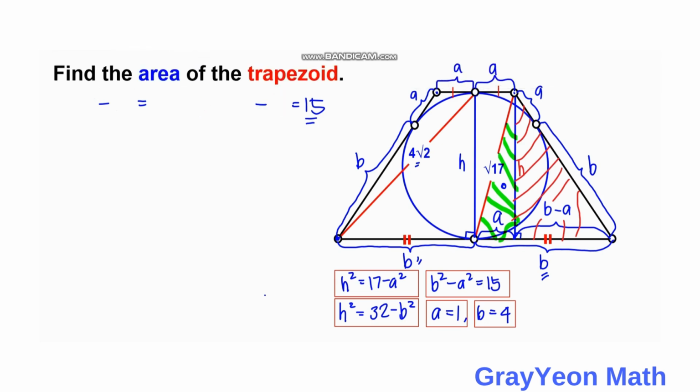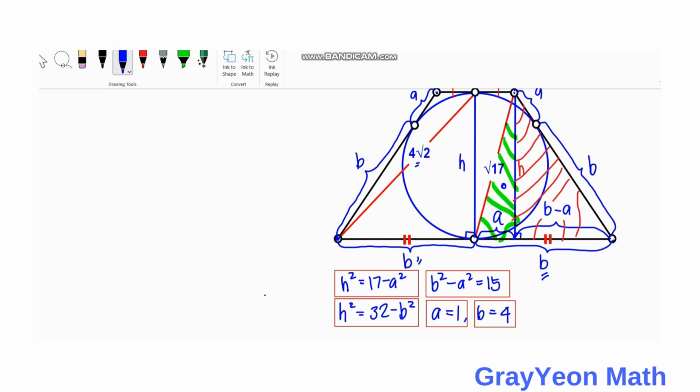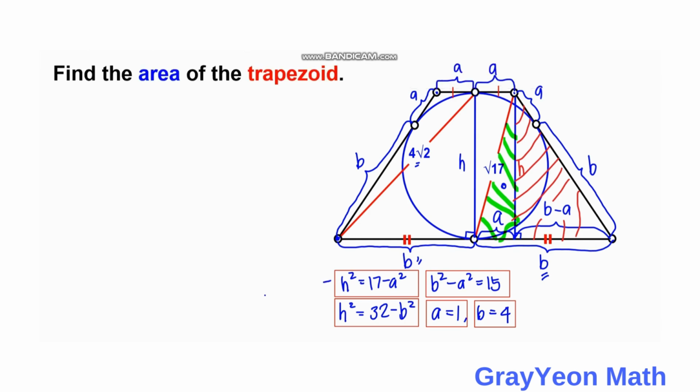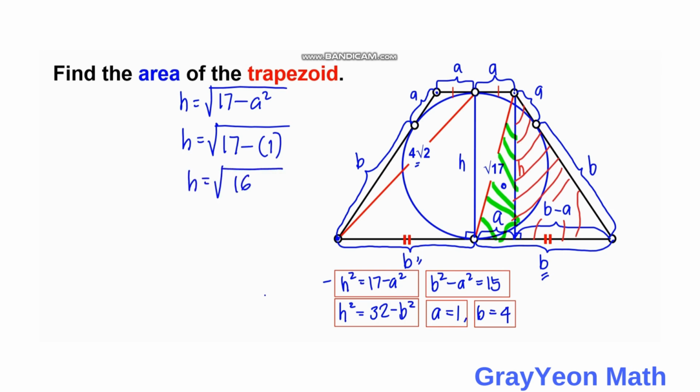We can use any of the first two equations, so let's use the first one. h is equal to the square root of 17 minus a square, so h is equal to the square root of 17 minus 1. Okay, so h is equal to the square root of 16, or h is equal to 4. You will get the same value if you use the second equation.